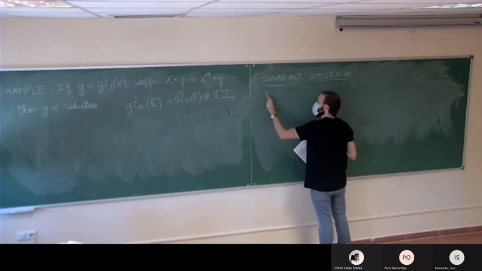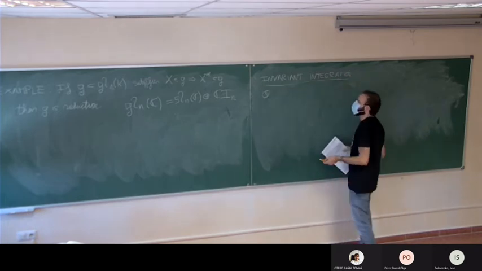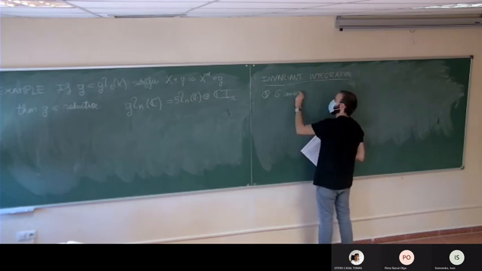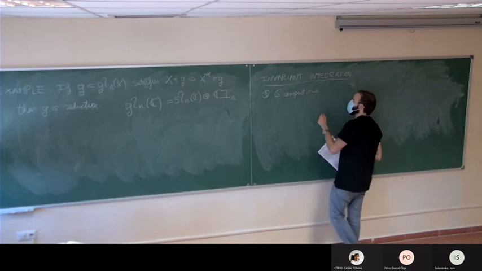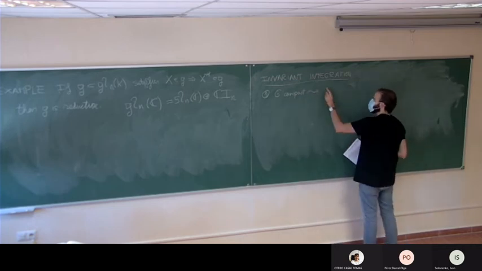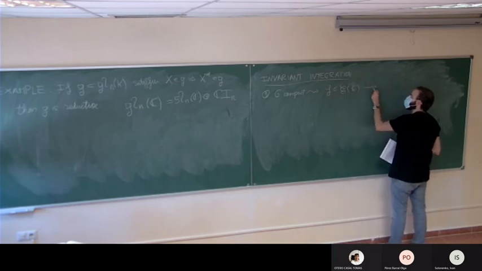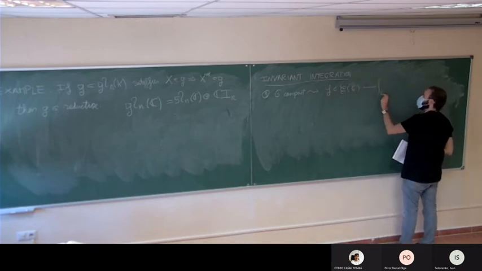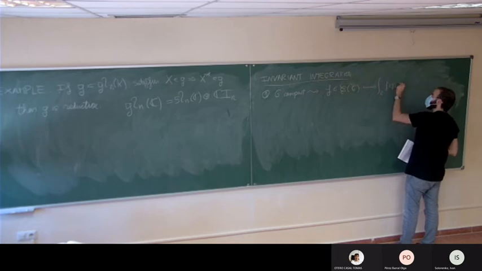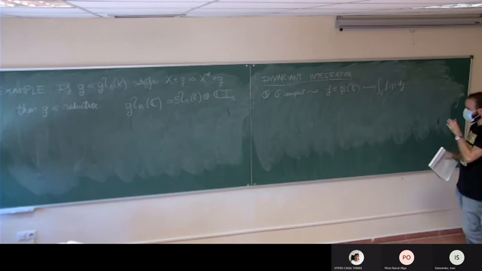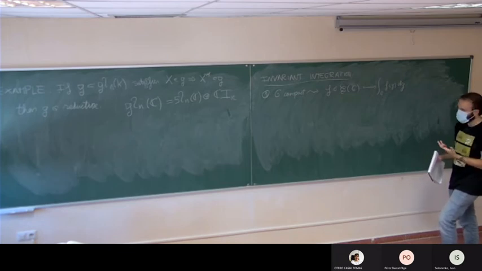First, it exists. When you have a compact Lie group, one can define a functional which takes continuous functions to the integral of the function over G. This is a linear functional, it's positive, it induces a measure on G, and it can be normalized so that G has volume 1.